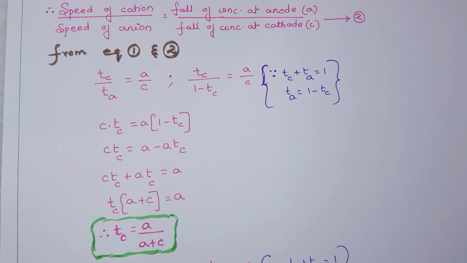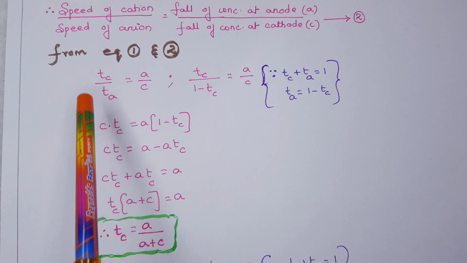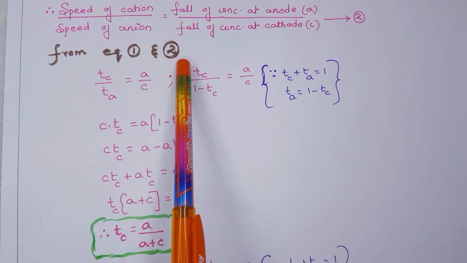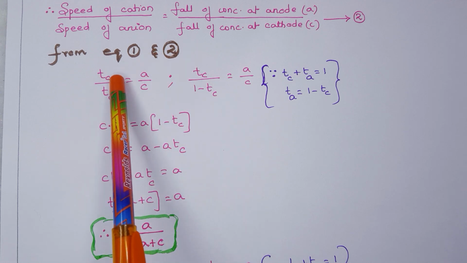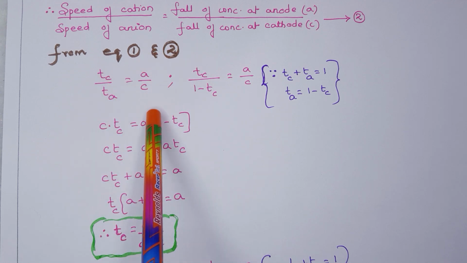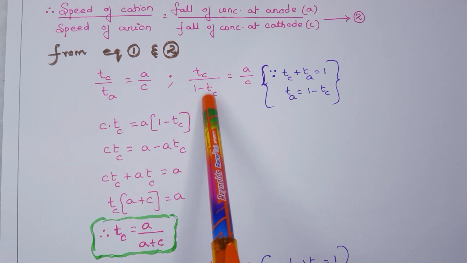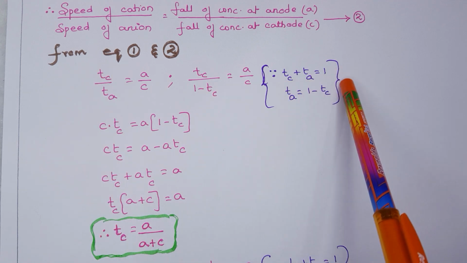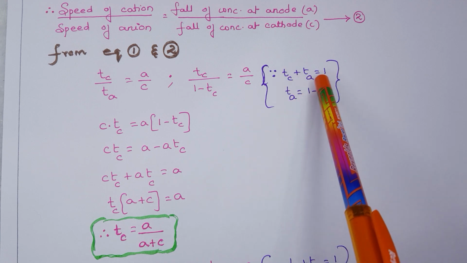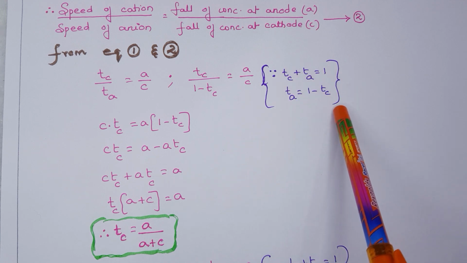Okay students, again shall I explain? Yes. Tc by Ta, from where? From equations 1 and 2. Tc by Ta is equal to A by C. Okay. Now Tc by 1 minus Tc. This we are getting from Tc plus Ta is equal to 1. So from this expression Ta will be equal to 1 minus Tc.